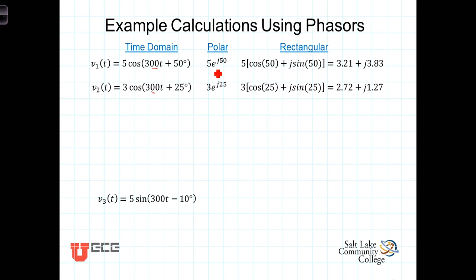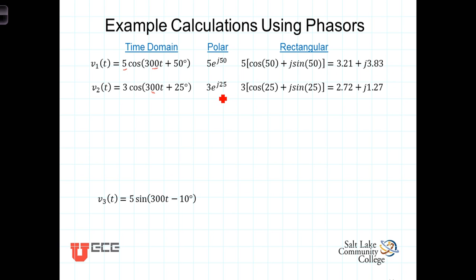The phasor representation of V1, in polar form, is equal to 5e to the j50. 5 is the amplitude, 50 is the angle. To get it to rectangular coordinates, it's just 5 times the cosine of 50 plus 5 times j sine of 50, or 3.21 plus j 3.82.